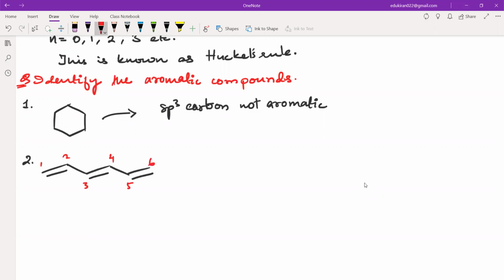hybridization बताइए सब में आप. 1 2 3 4 5 6. Hybridization बताइए क्या हो गया?